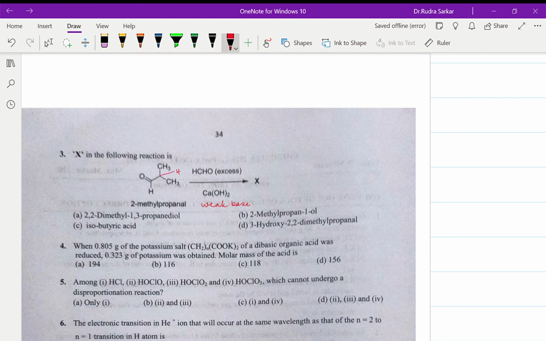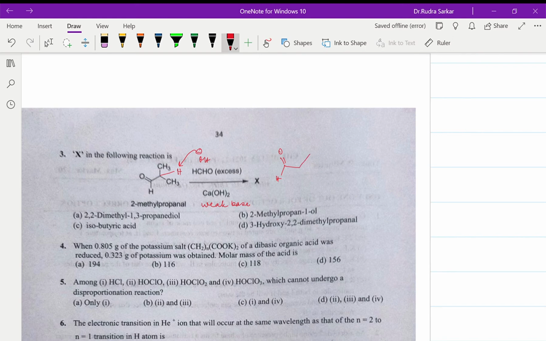We have an alpha H proton over here. So what will happen over here is this base will take up this proton, and we know formaldehyde is more reactive than 2-methyl propanol.